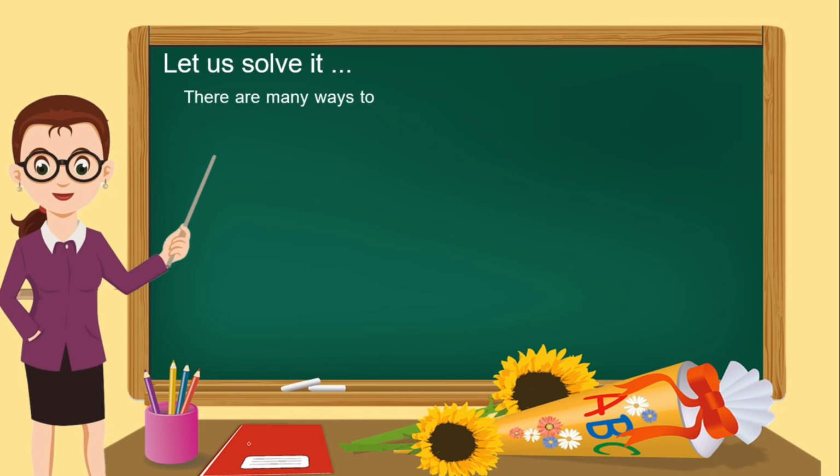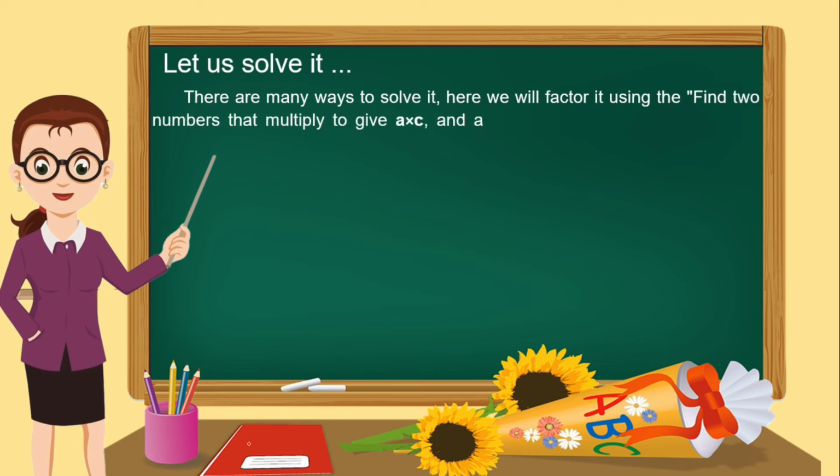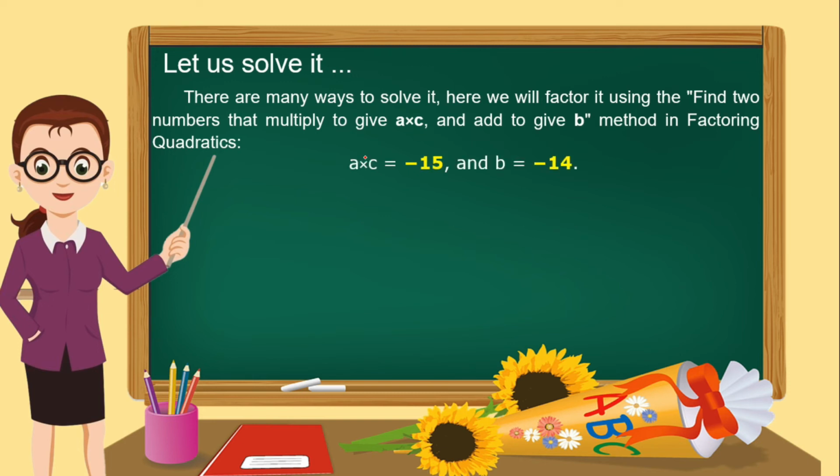Next, since we gathered all the data, let us solve it. By the way, there are many ways to solve it. Here, we will factor it using the method of finding two numbers that multiply to give a times c and add to give b. This is a method in factoring quadratics. So a times c is negative 15 and b is negative 14.